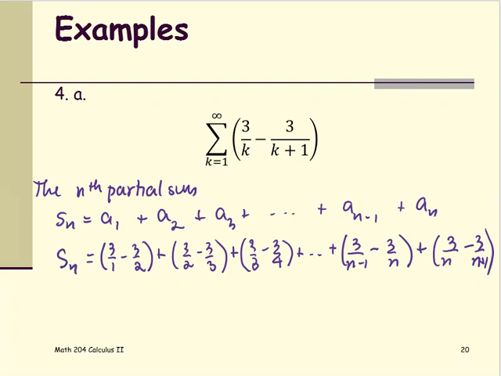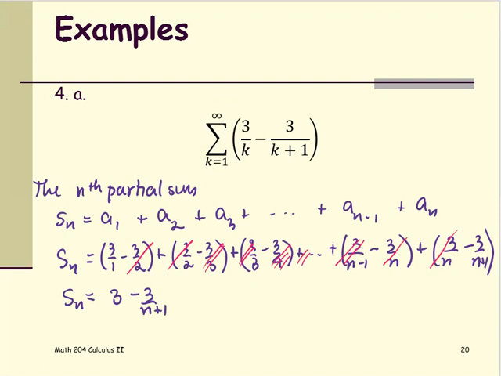As we see, the numbers next to each other can be cancelled, like negative 3 over 2 plus 3 over 2, negative 3 over 3 plus 3 over 3, and the same pattern for the numbers next to each other, including the last two groups here, which are negative 3 over n and plus 3 over n. Therefore, our Sn, or the n partial sum, can be simplified to 3 minus 3 over n plus 1.